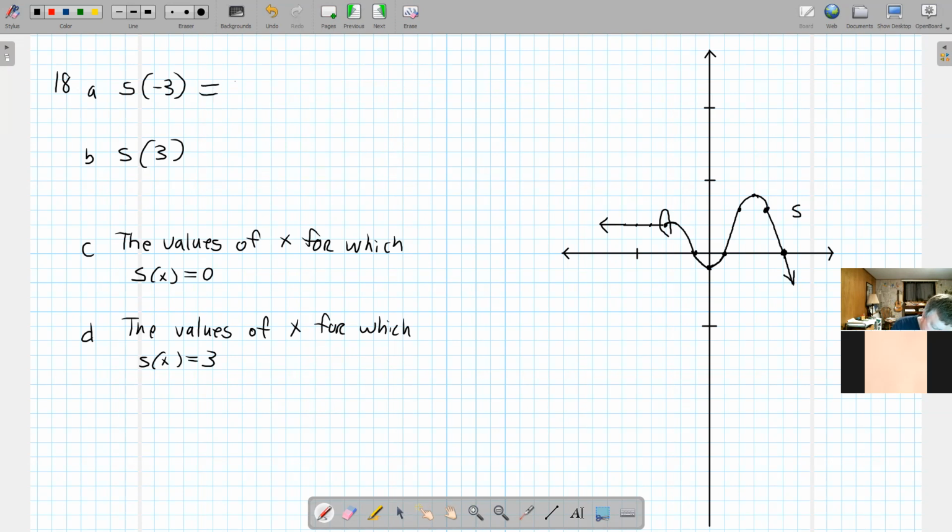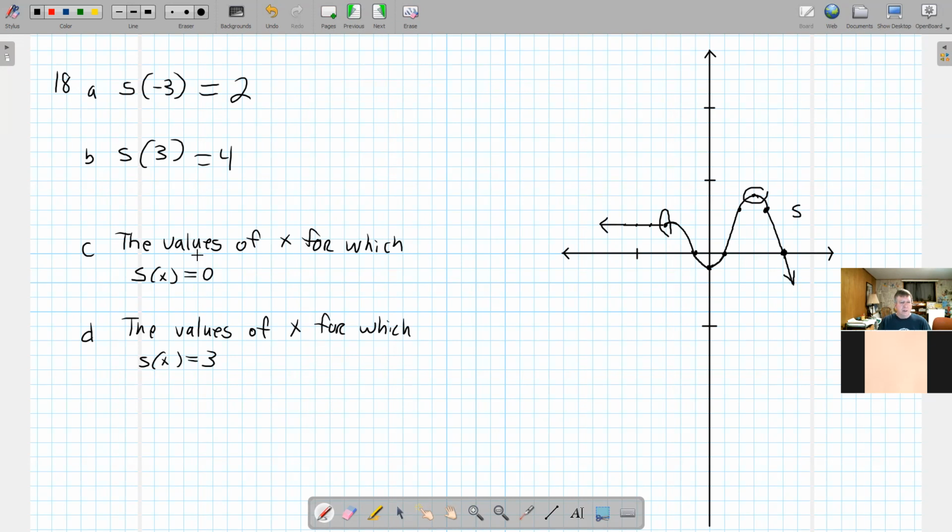So we'd get that answer. Then it says s of 3. Well, let's see. x is 3 when y is 4. Any questions about those two problems?